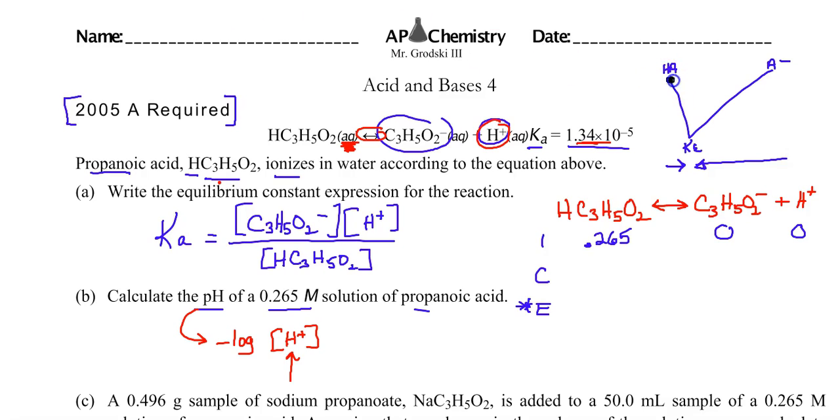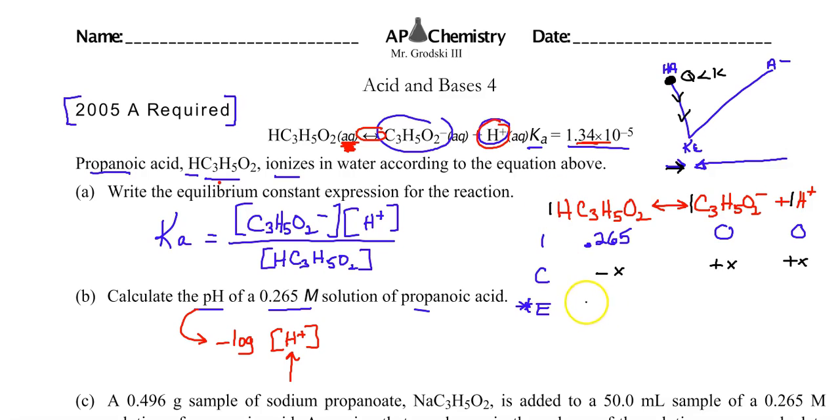We're 100% HA. So let's pretend we're starting with HA completely undissociated, because that Q is going to be what? Less than K. If I assume I'm at this position, it's going to go forward somewhat, and that little arrow somewhat means that this is going to be minus X, this is going to be plus X, and this is plus X. The reason is stoichiometrically it's a 1-to-1-to-1 ratio.